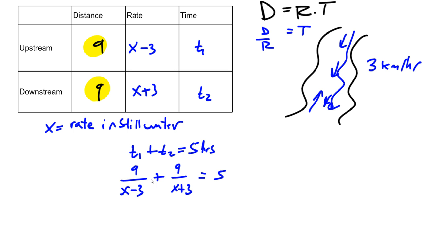Going through this rather quickly now, I want to multiply by our lowest common denominator, which is x minus 3 times x plus 3.